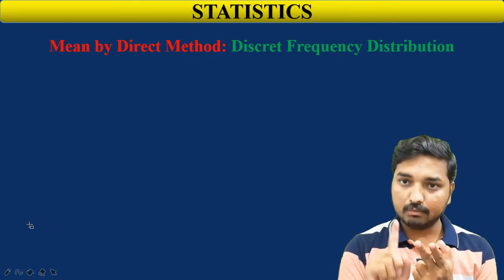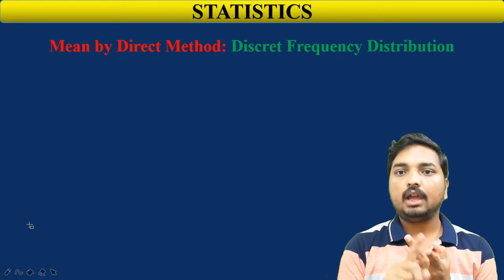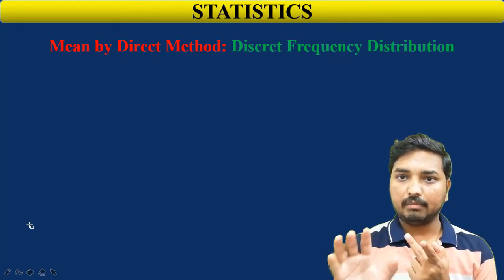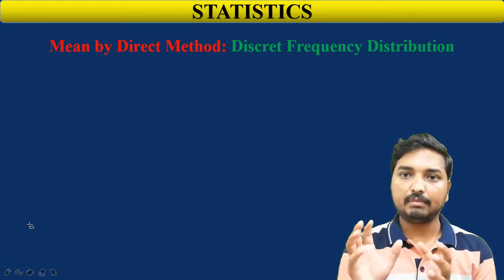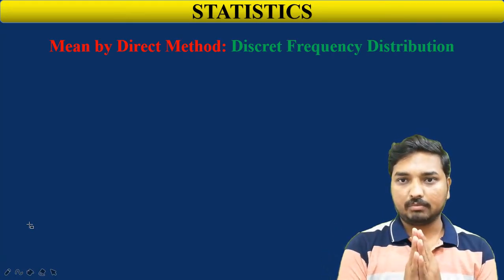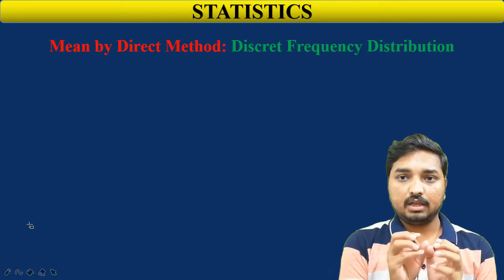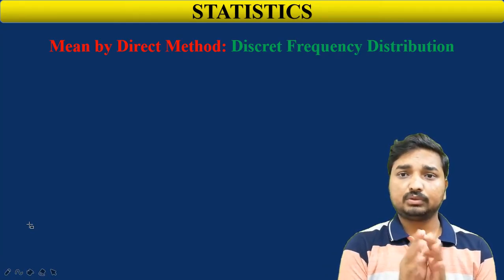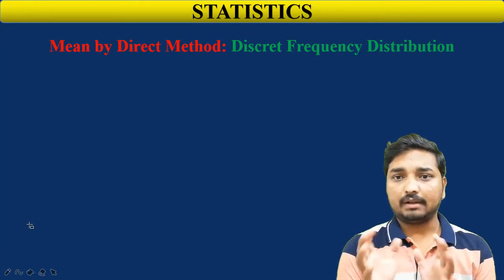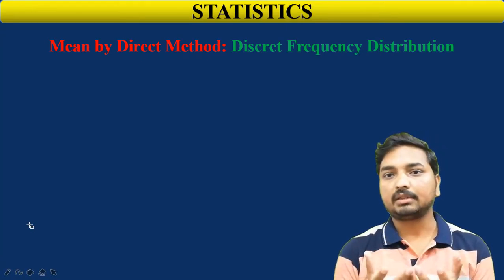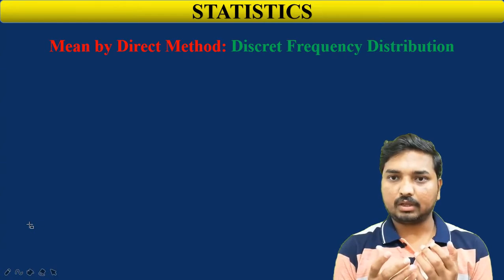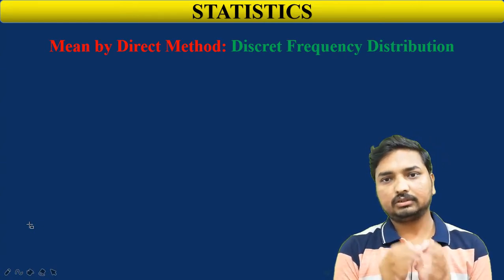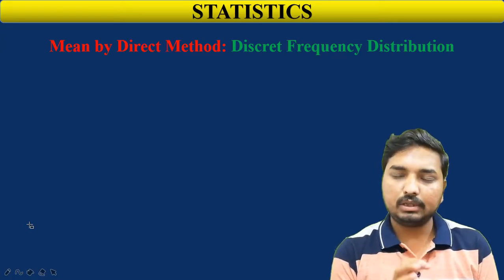You have to learn both methods, because in the examination he may ask particularly to find the mean by the direct method or by the assumed mean method. If he has not asked like that, and just says find the mean, then you can use any method, whichever is easier for you. But you have to learn both methods.